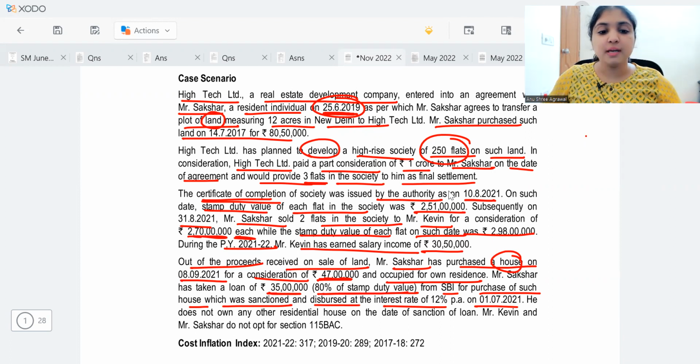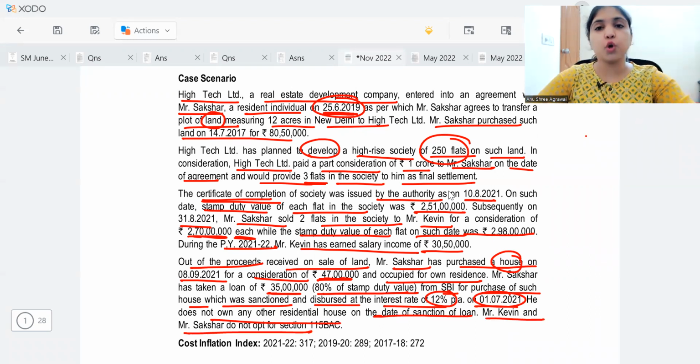Loan is from SBI. The loan is to purchase the house. The loan was sanctioned on 1st July 2021, carrying 12% interest. He does not own any other residential house on the date of sanction of loan. Mr. Kevin and Mr. Sakshar do not opt for section 115BAC and then they've given us a cost inflation index. I hope the question is clear to us.